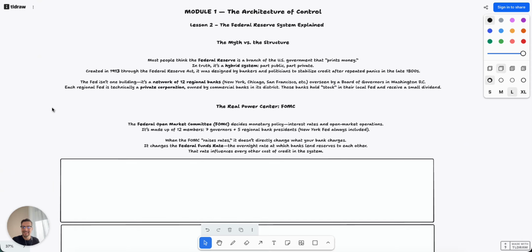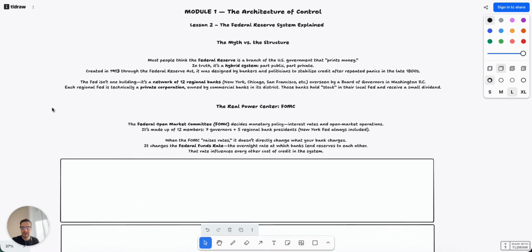They decide on the monetary policy, the interest rates, and open market operations, and it's made up of 12 members: 7 governors and 5 regional bank presidents.